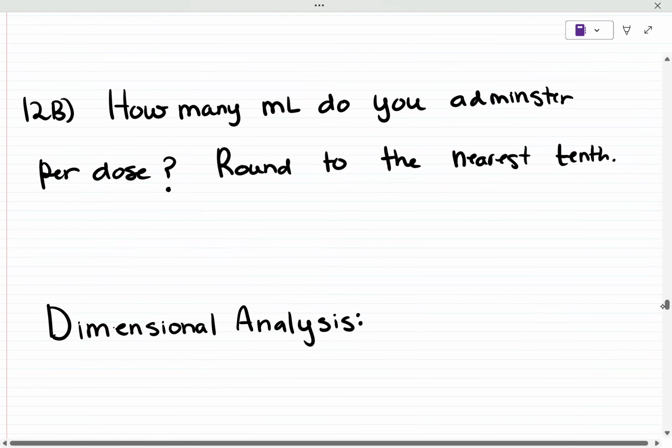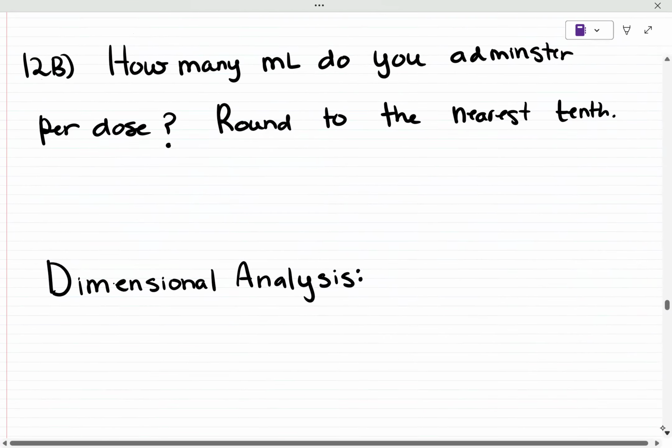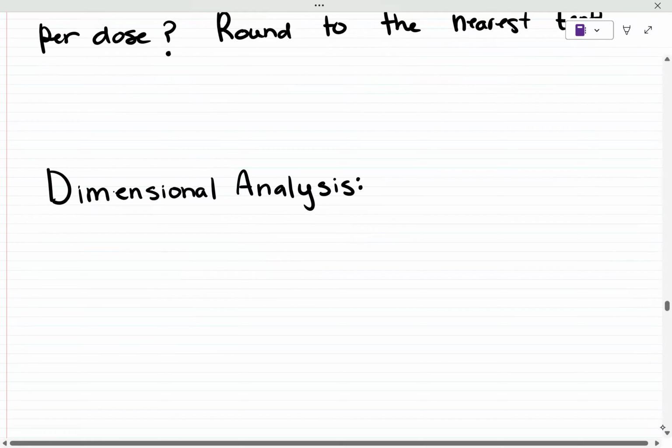Okay, 12B. How many milliliters do you administer per dose, rounded to the nearest tenth? This is part of 12A. Let's start with dimensional analysis. We start out with 12 mg, and you know that availability is 5 milliliters for 10 milligrams.